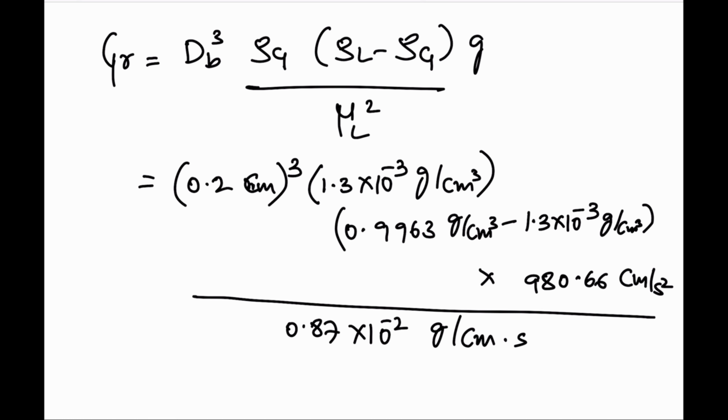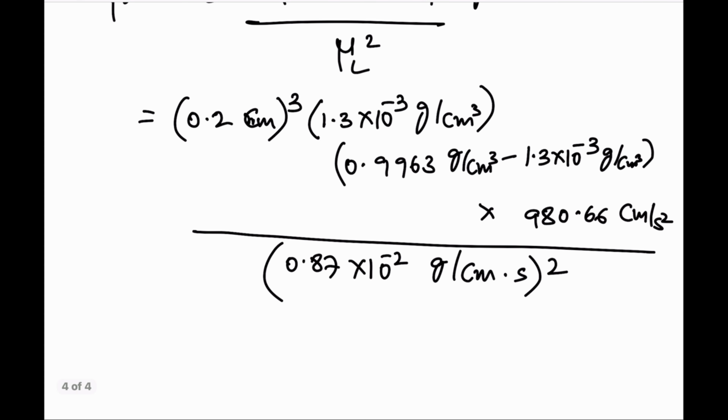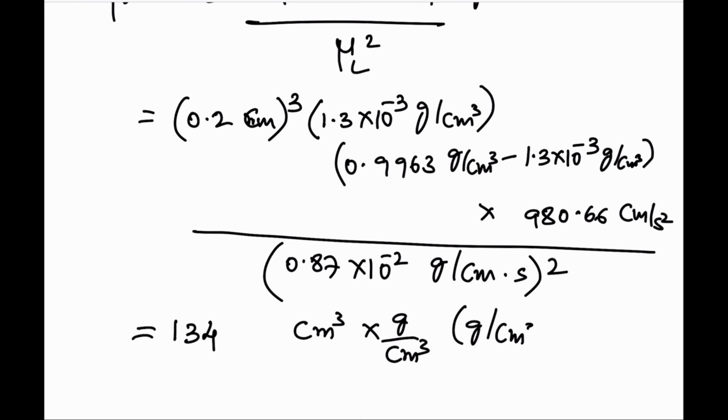You can cross check whether all the units get cancelled; definitely they do. Once they cancel, you end up with a Grashof number of 134. If you want to check the consistency, you can check whether we get a dimensionless number: centimeter cube into gram per centimeter cube into gram per centimeter cube into centimeter per second square, divided by gram square per centimeter square per second square.